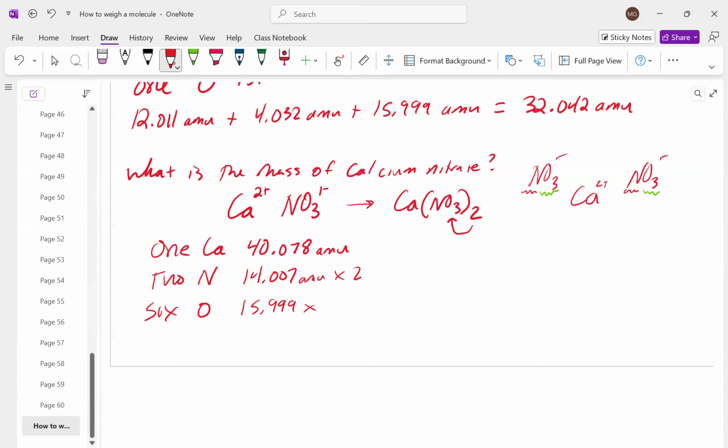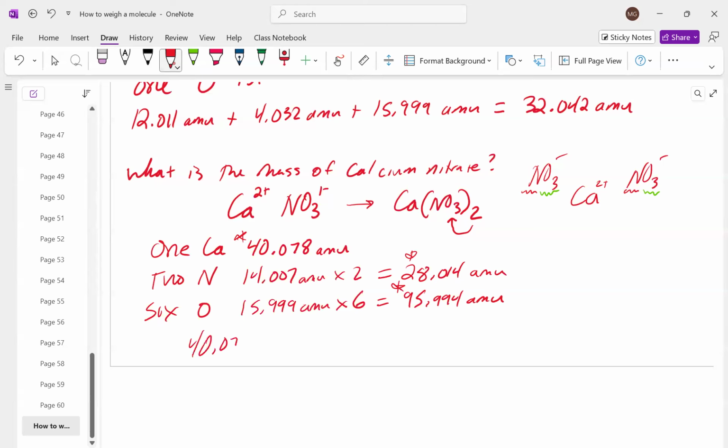I'm going to multiply that by 6 because I have 6 of them. And then let's do a little bit of preliminary math before we add it up. So add up all of the nitrogens and add up all of the oxygens. And now I'm going to add up these 3 numbers.